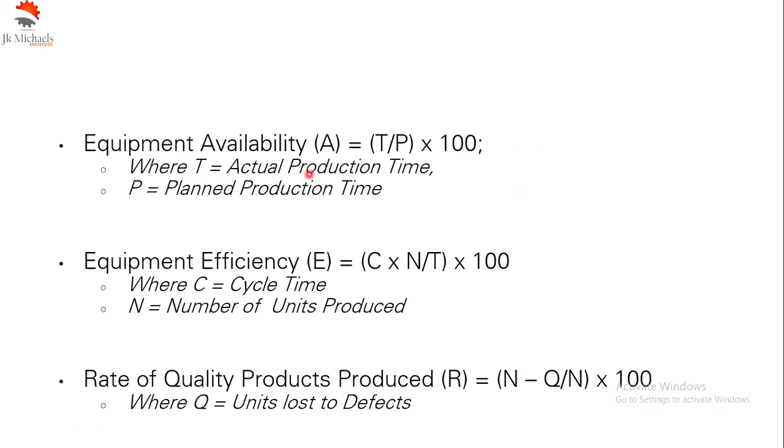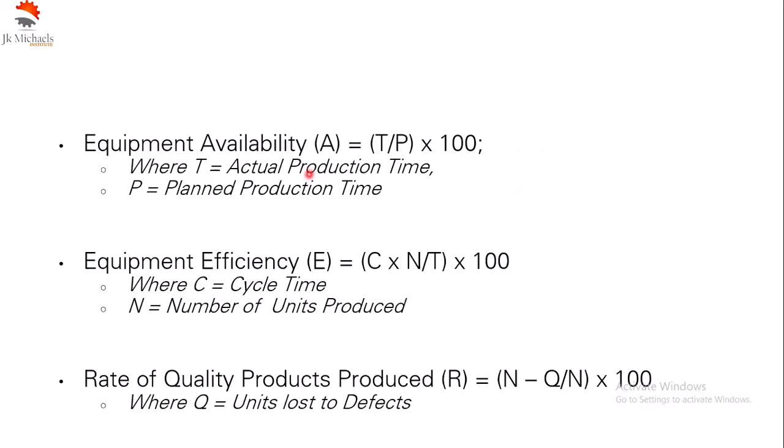All of these things, or breakdowns, waiting for resources or materials to come in for production to happen, can subtract from your planned or your perfect production time. And that will often lead to a situation where your actual production time would be smaller than your planned production time.